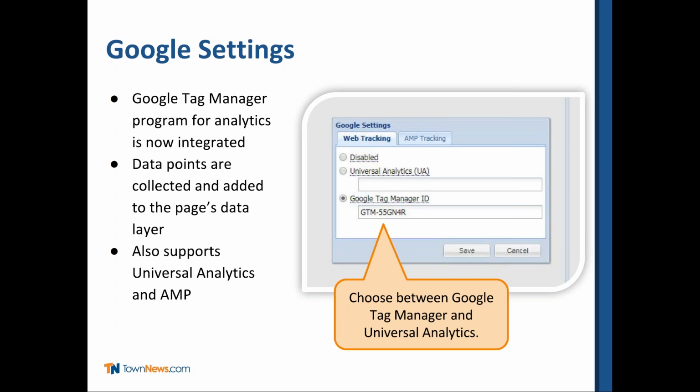With this power, there is a learning curve, so we have some recommended reading on our setup documentation and our help site. You can search for Google Tag Manager on your help site, and you'll find that in one of the top 2 results. There as well, there will be the current data layer elements that are supported. That'll be an ongoing effort to continue to add more and more information to this.